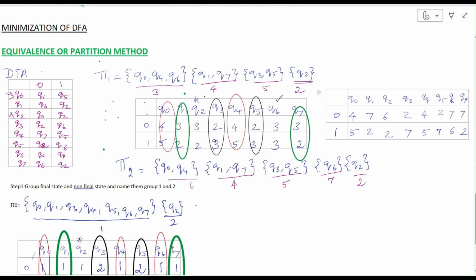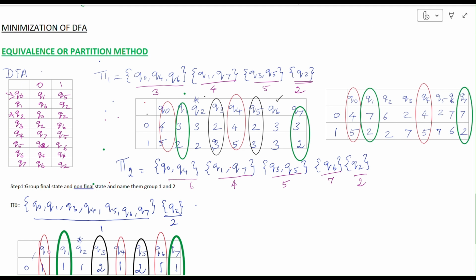Now mark the groups which have the same value. So Q0 is 4 and 5, Q4 is 4 and 5, no other term is there. Q1 is 7 and 2 and Q7 is 7 and 2.